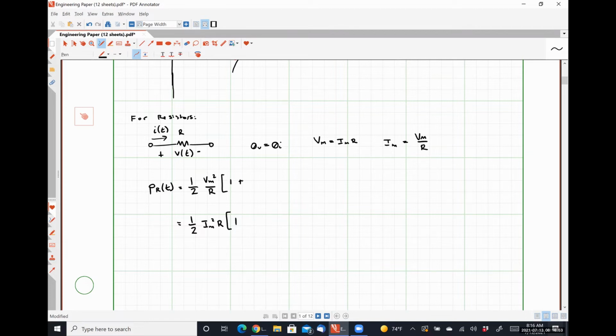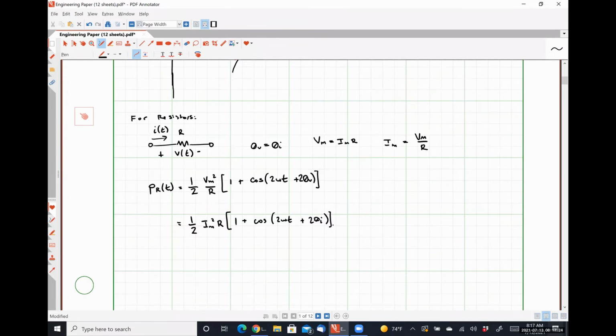And then we're going to have that same 1/2 Vm squared over R, or 1/2 Im squared times R, multiplied by cosine of twice omega t plus theta V, or cosine of twice omega t plus twice theta I, respectively, right?